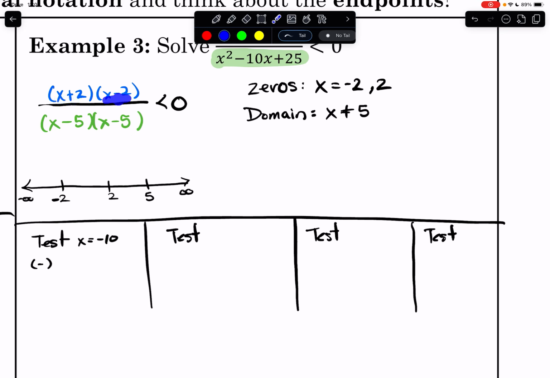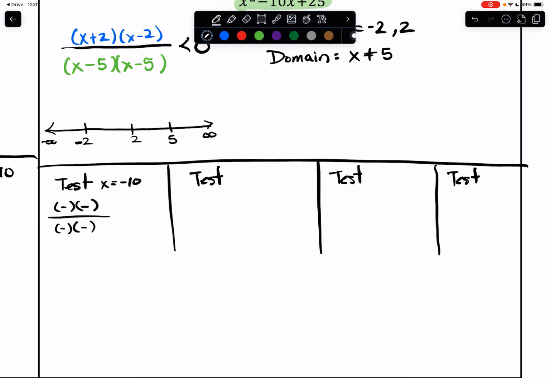Negative 10 minus 2, that's going to still be negative. And now for the bottom, negative 10 minus 5 is going to be negative, and the same thing on the other one, negative. Now we have an even number of negatives, so this is going to be positive, and we're going to be above the x-axis on the first interval.